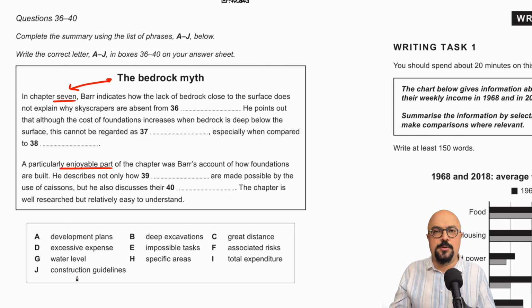Okay, we need to also look at the options we have in the box. Development plans, excessive expense, water level, construction guidelines, deep excavations, impossible tasks, specific areas, great distance, associated risks, and total expenditure. So now that we know where these things are, the area is quite limited.